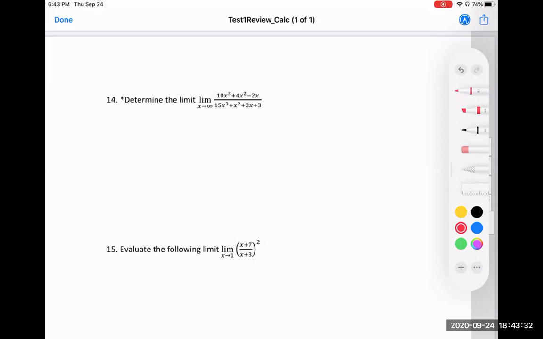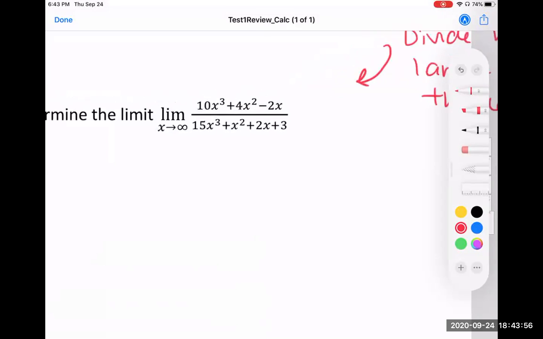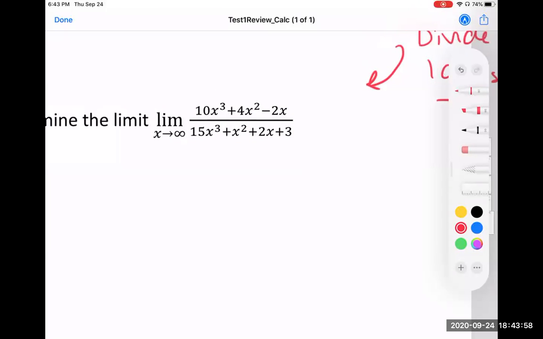Now to do this one, we go ahead and divide by the largest degree of the denominator. So we see in our denominator, the biggest degree we have is that x cubed. So we're going to divide everything by x cubed.